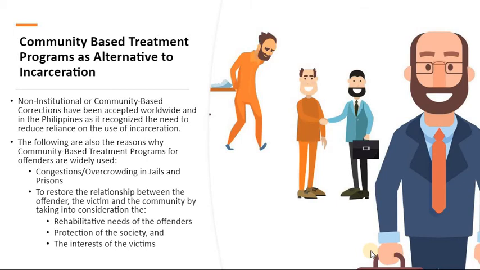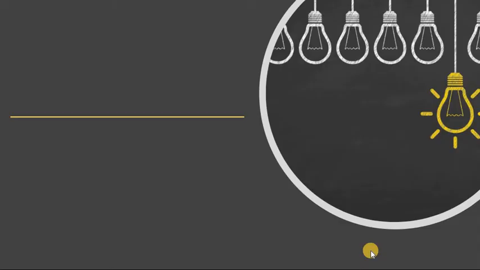So, parang binabalik natin yung trust within the offender and the community. Since ang purpose naman ng community-based treatment programs is to alleviate or matulungan ang ating community to accept those type of person deprived of liberty, meron ding mga criminals na pwede siyang i-correct within the community.